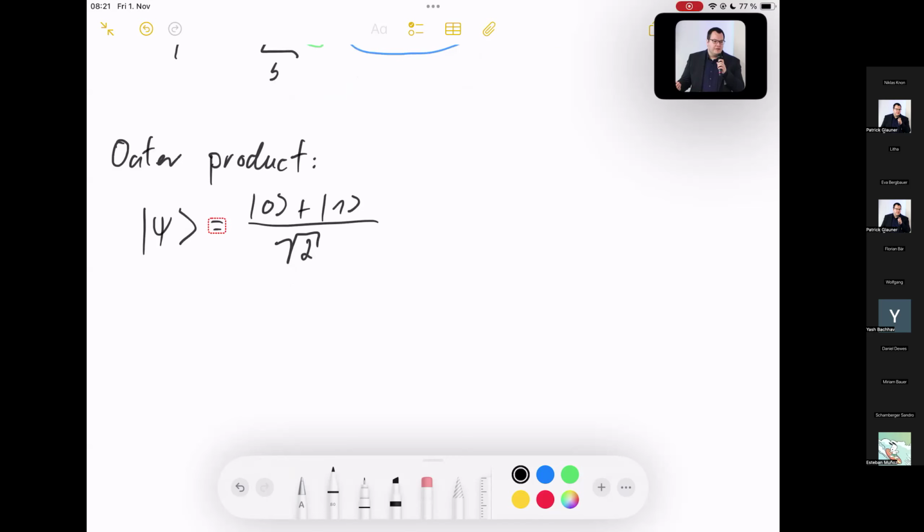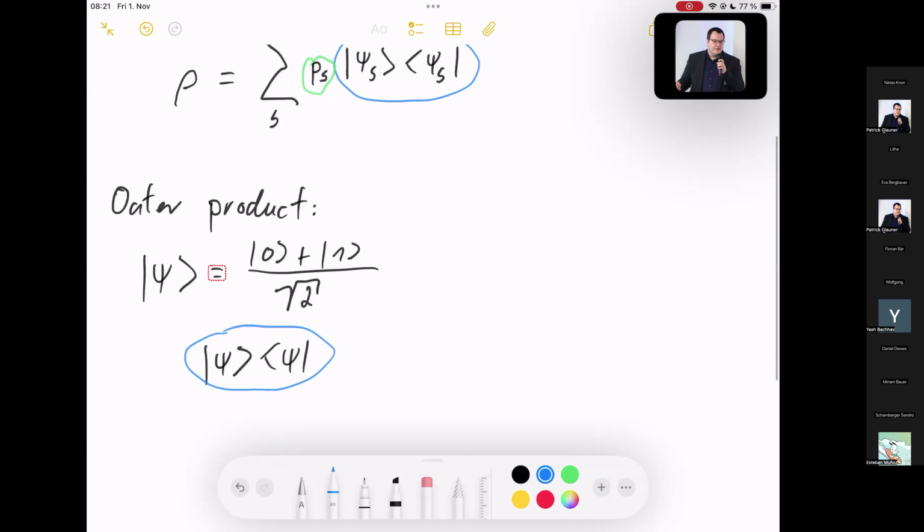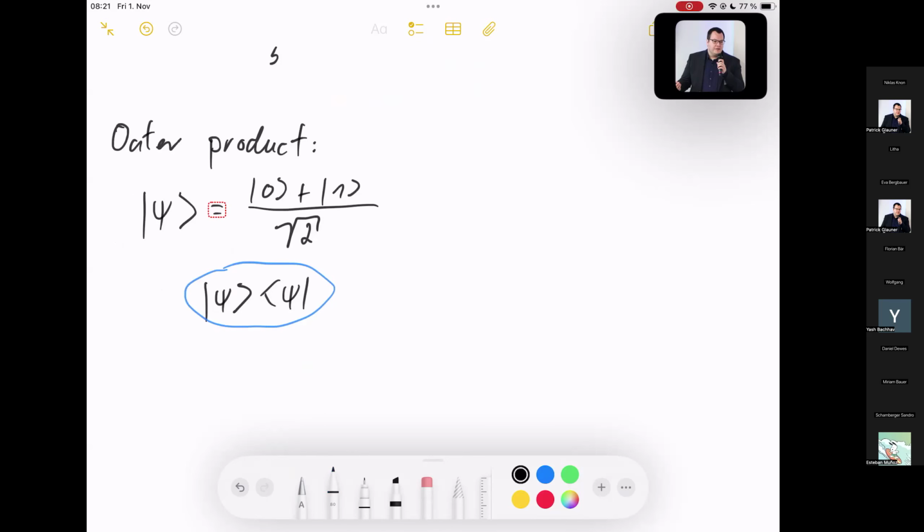What we want to calculate is |psi⟩ times ⟨psi|. That's just what we had seen here before. Now we have a concrete value for |psi⟩: |0⟩ plus |1⟩ divided by the square root of 2. And we want to multiply this with the bra.